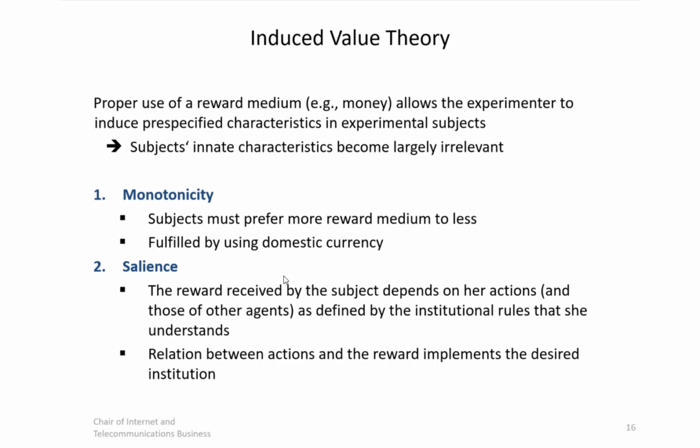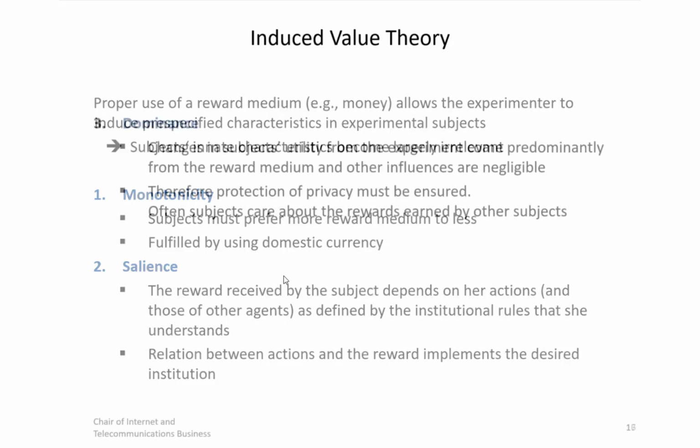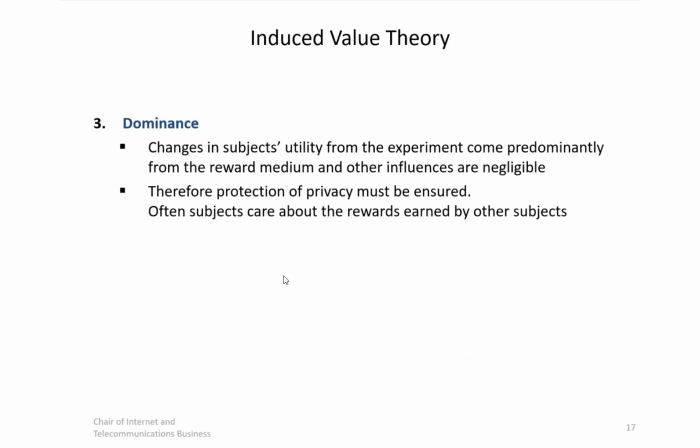That allows us to induce actions in a certain way given the institution we have built or the rules we have set in the experiment. And finally, dominance. What is dominance? Any changes in the subject's utility from the experiment should predominantly come from the reward medium, and other influences such as personal characteristics should be negligible.